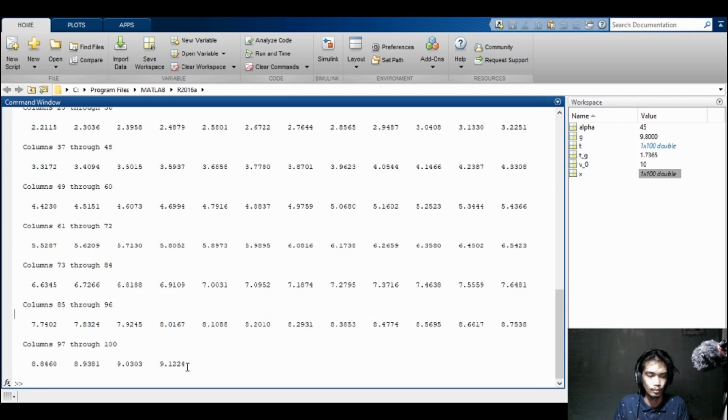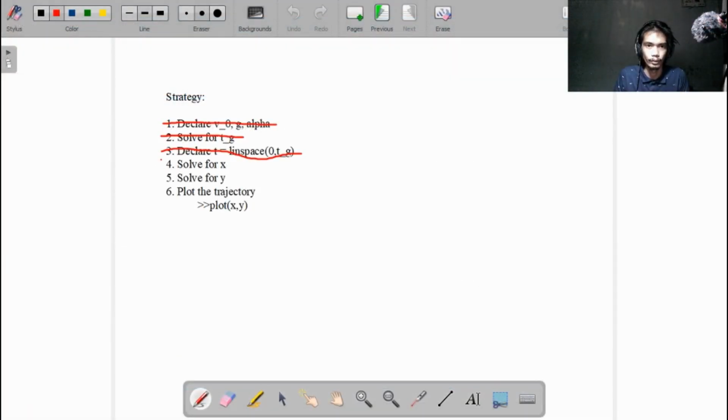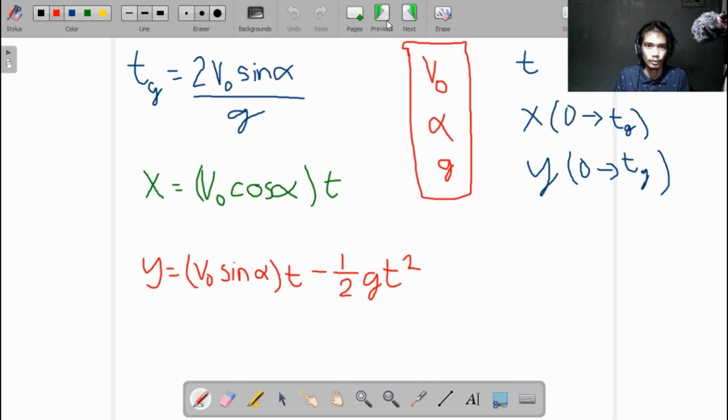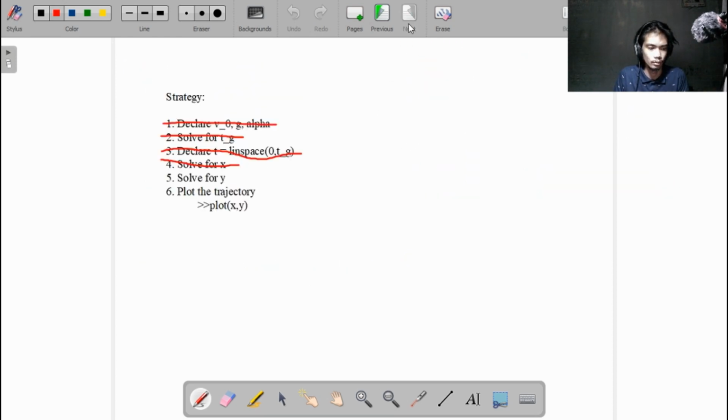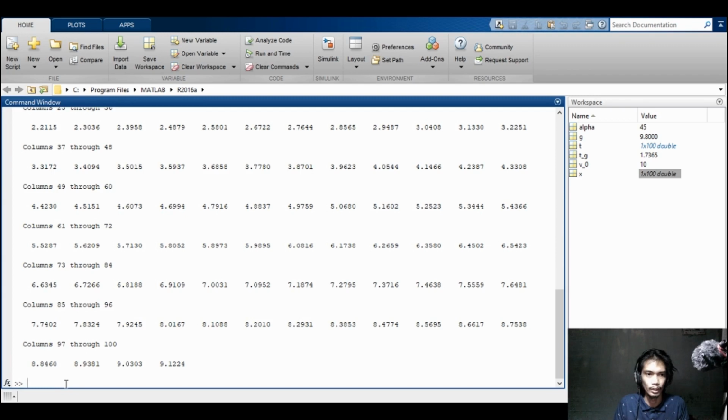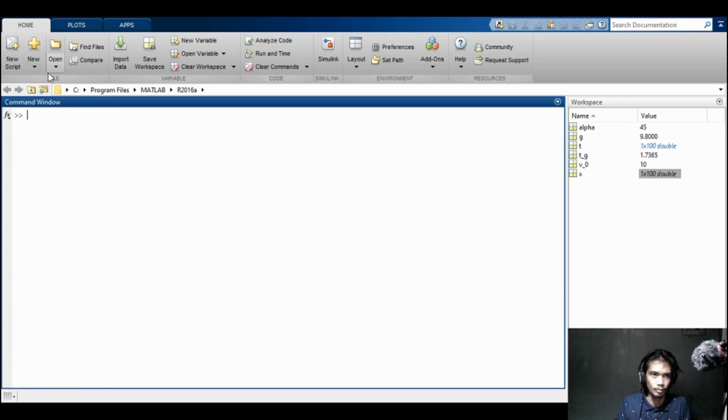So next let's do the same thing for y. So as you can see, y natin is v0 sine alpha times t minus 1/2 gt squared. So dito na tayo, y is equal to, ulit yan, v0 multiplied by, so maybe I could clear this up first para medyo malinis.